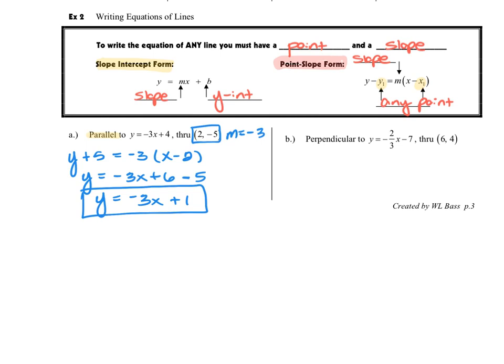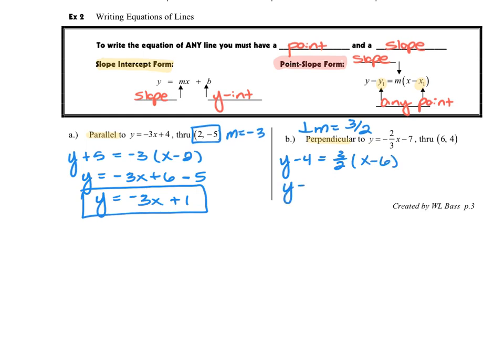Okay, so on to our next one. This time we want our line to be perpendicular to our given line. So if we want it to be perpendicular, we're going to think our perpendicular slope is going to be that opposite reciprocal, so it's going to be 3/2. So now, setting this up again, I'm going to say y minus 4, that's that y coordinate, 3/2, and an x minus a 6.